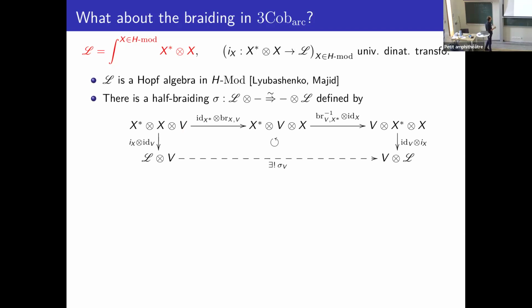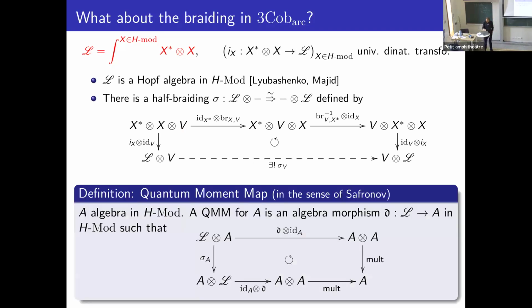But there are two important properties. This object is a Hopf algebra in the category, and there is also a canonical half braiding on it, which is defined by this universal property. And because of these two structures, you have this definition of quantum moment map. If you have A an algebra in H mod as before, then a quantum moment map for A is an algebra morphism from the coend to A, which satisfies this commutative diagram.